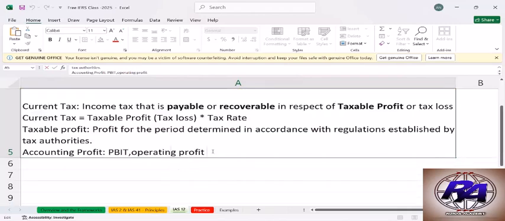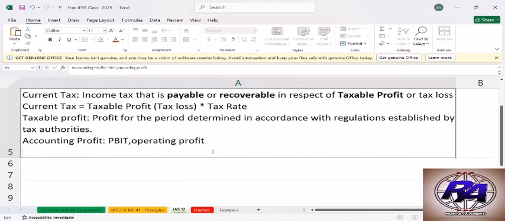What you are required to do in most exams when it comes to current tax and IAS 12 is that you are supposed to account for what we call over or undercharge tax. This is what you do to get your current tax for the period.